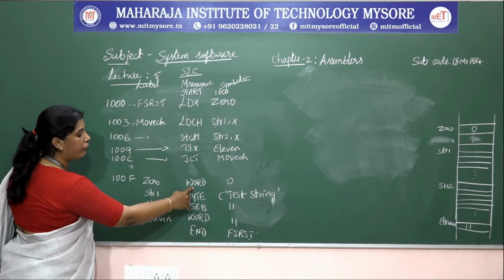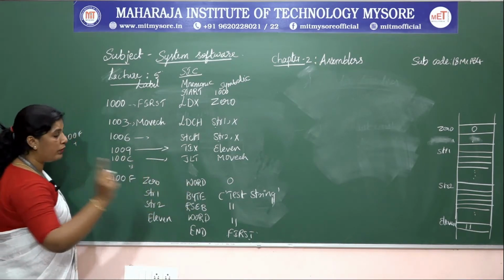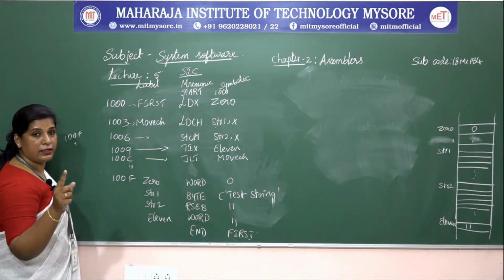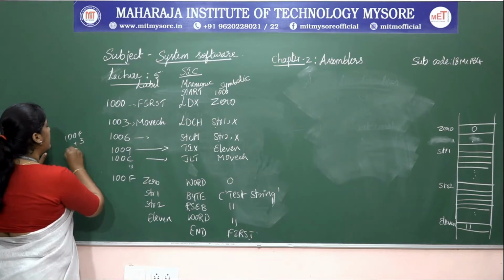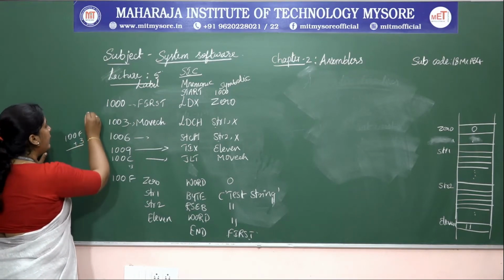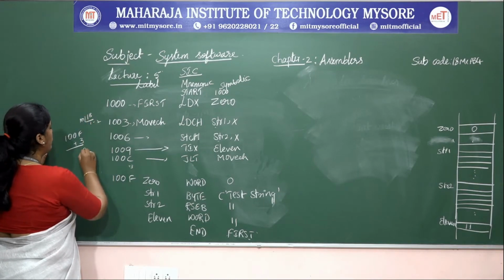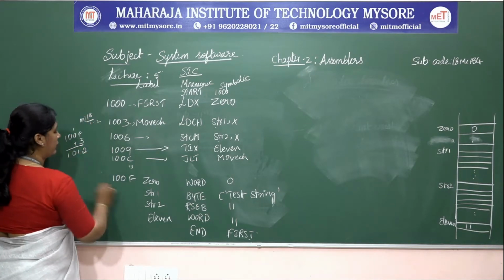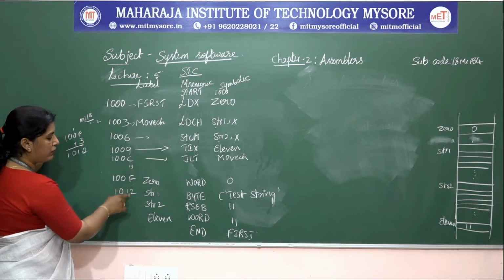Here it is an integer type, a word. What is the word length? Only one integer is there, and a single integer requires one word. One word is 3 bytes, so we need to add 3. 15 plus 3 is 18, which is 1012. So we add 3 for this one.